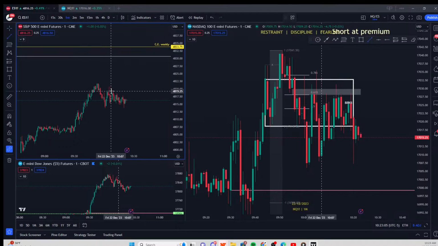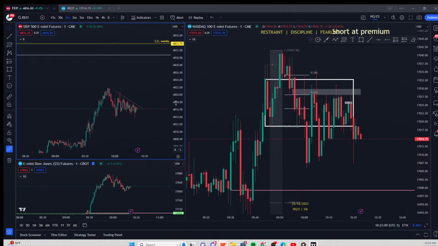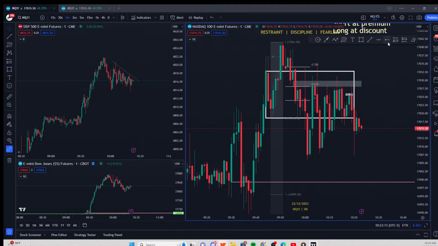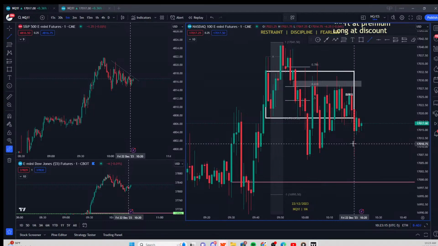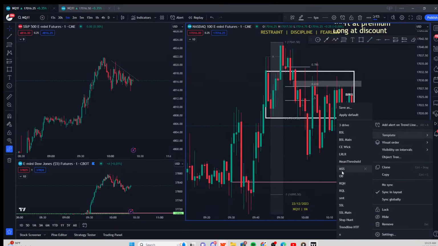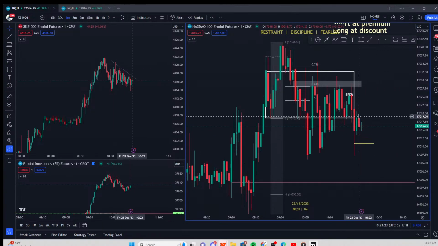Wow, this is starting to. I'm probably just gonna be aware of this wick here. This is the wick that attempted for a break, and we've been just going back and forth above it.